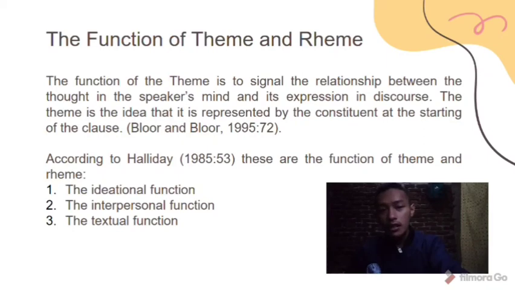This function refers to a strategy to establish and maintain social relationships. For the next one, the last, is the textual function. It refers to a strategy to create texture and to make language operationally relevant.